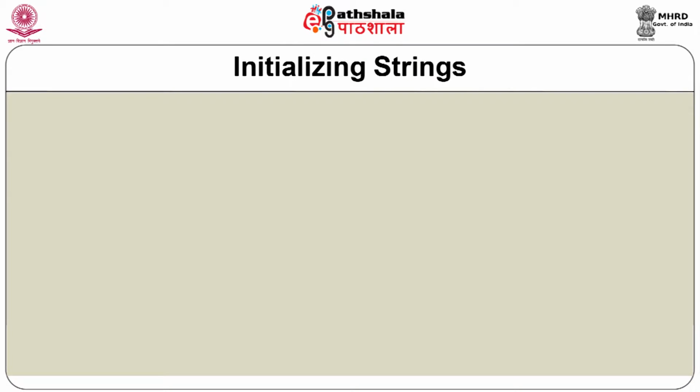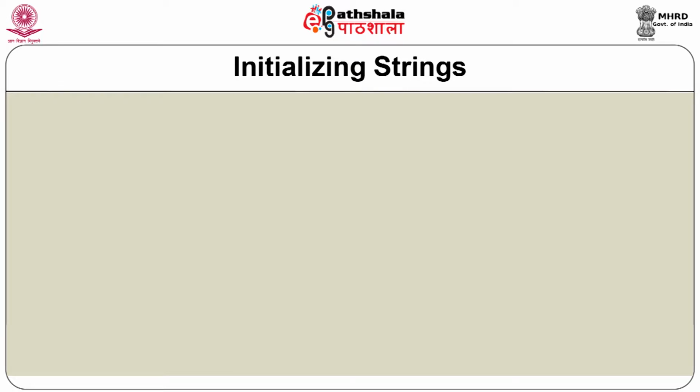Let us see how we initialize any string. The strings are declared in C similar to an array. The difference is that strings are to be considered as a character type.